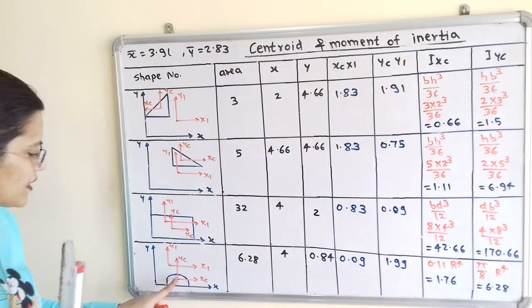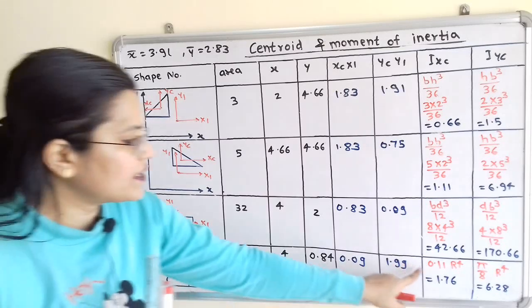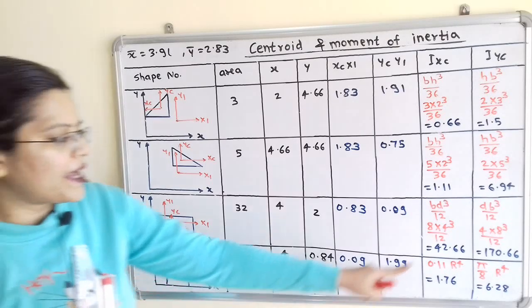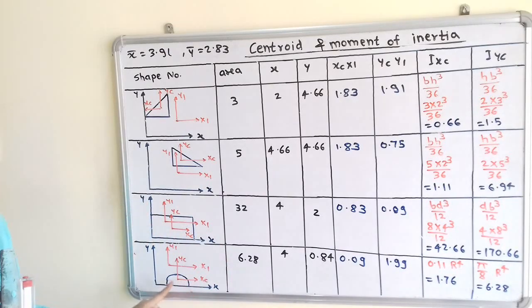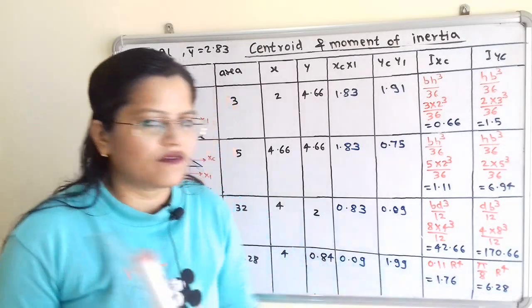Now for the semicircle, the moment of inertia along xc is 0.11 r raised to 4. So it is equal to 1.76, and along yc it is pi by 8 r raised to 4, where r is the radius, which is equal to 2 centimeters. So it is equal to 6.28.